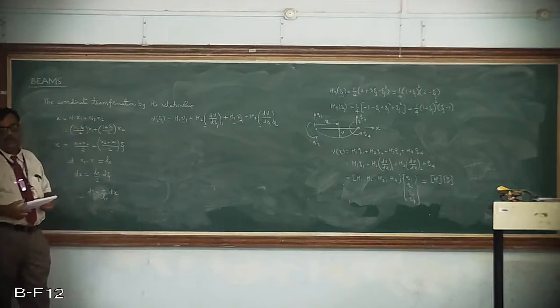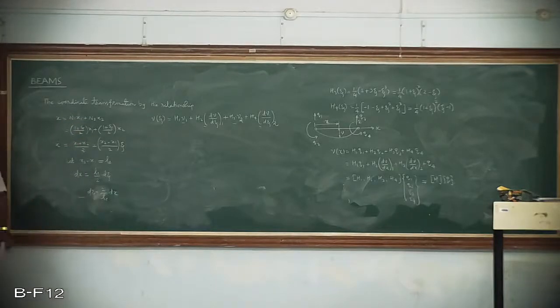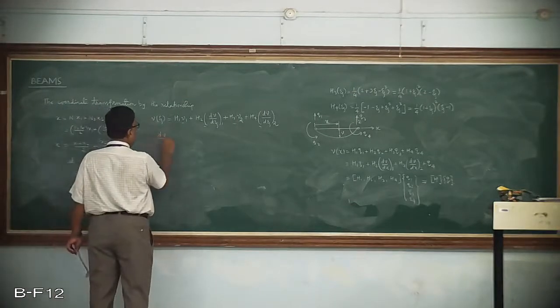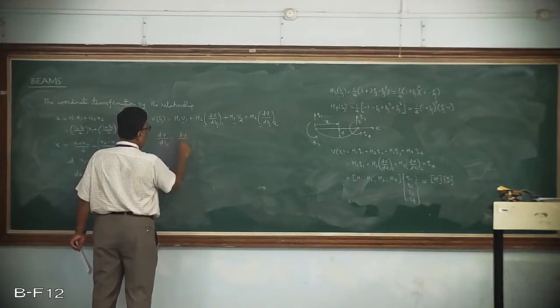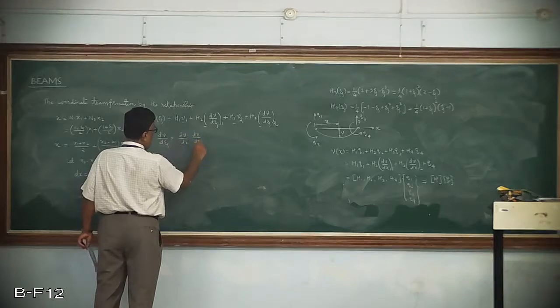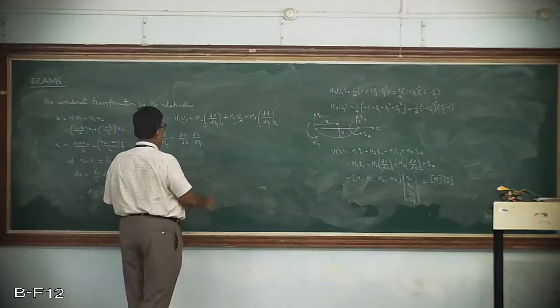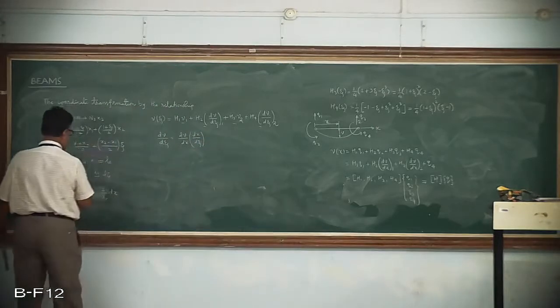Now we need to find out how to relate dV by dx as well as dV by d zeta. Let us go by dV by d zeta. Let us use the chain rule, dV by dx into dx by d zeta. You already know dx by d zeta from this relation. What is this dx by d zeta?